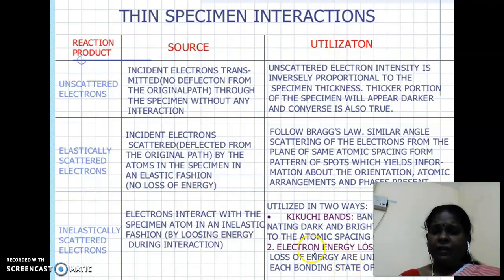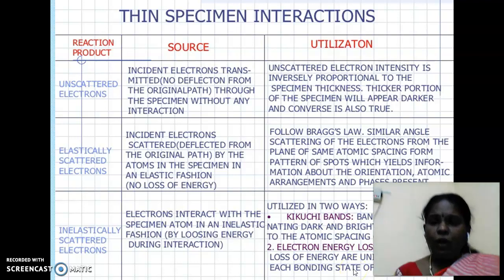Then there is a loss of energy during this scattering. That energy is a characteristic of the bonding state of the element. So it gives you information about the composition, that is the elements with which the electrons interacted. Then the bonding state of the element can also be studied using this electron energy loss spectroscopy.